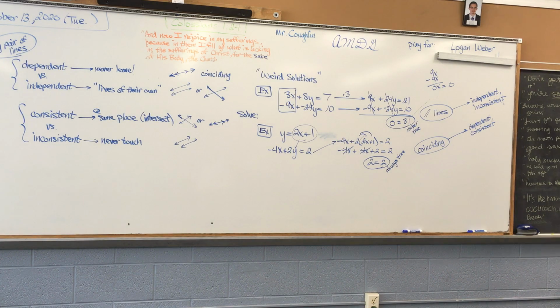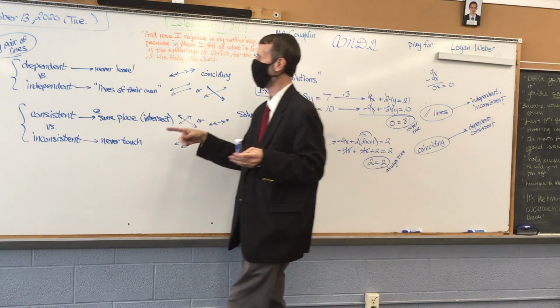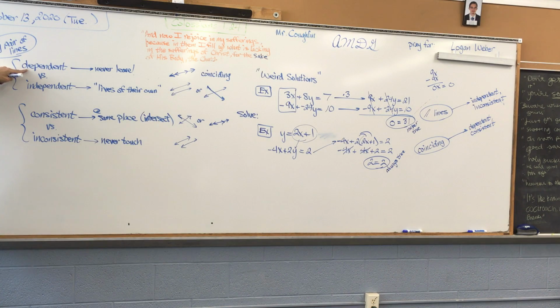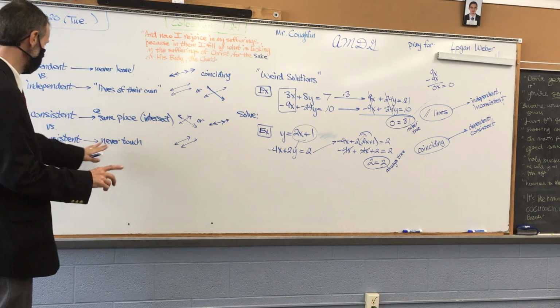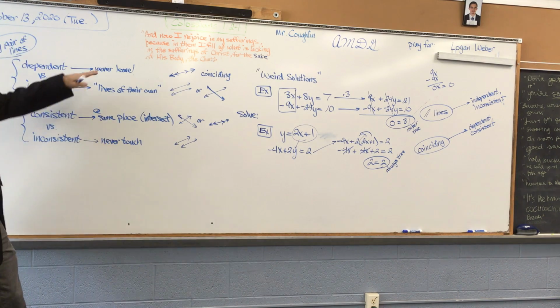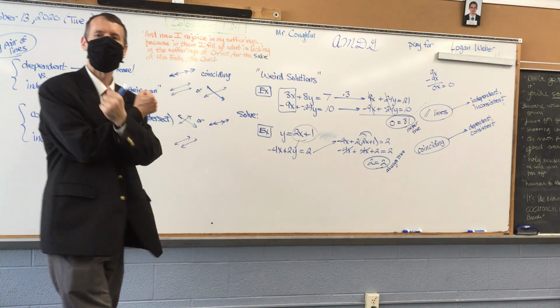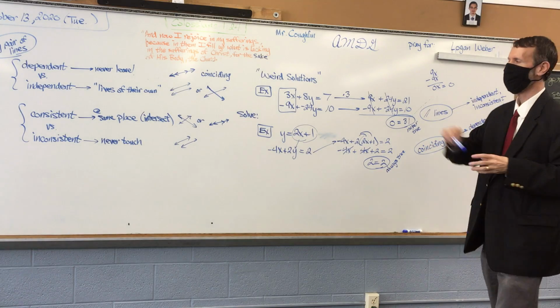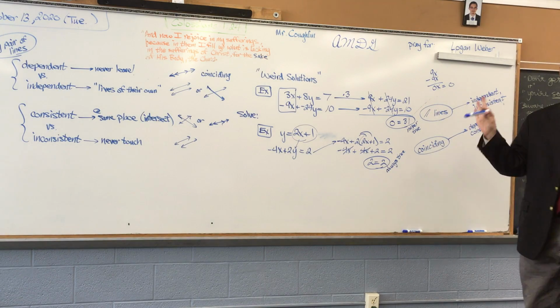Dependent and inconsistent. That basically means they never leave each other and they never touch each other. How do you work that? You can't. This says they never intersect, and this says they always intersect. That's impossible. That's a contradiction. So there's one matchup that does not work, and you will never have that as an answer in your book.